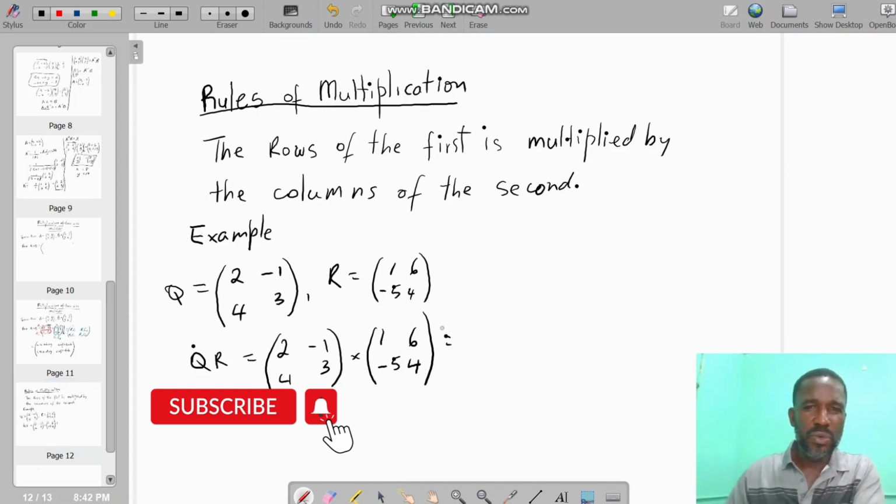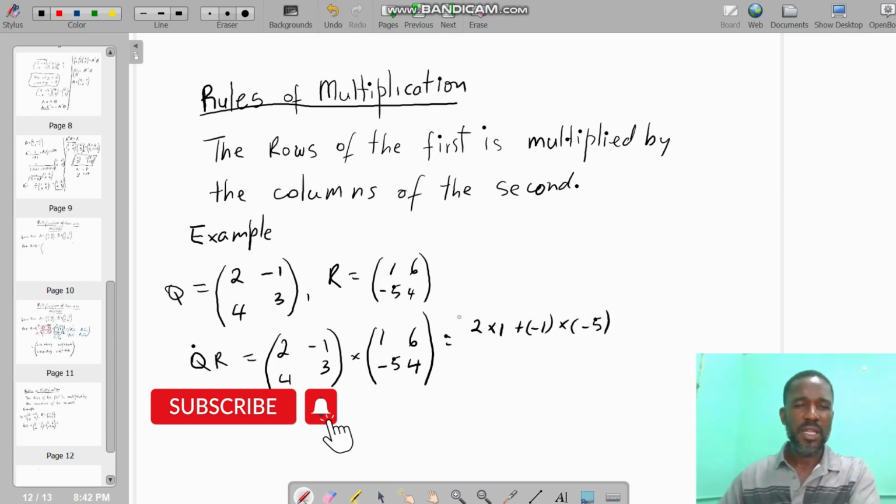So we're going to have 2 times 1 plus -1 times -5. That's the first element. Now let us look at the second element.